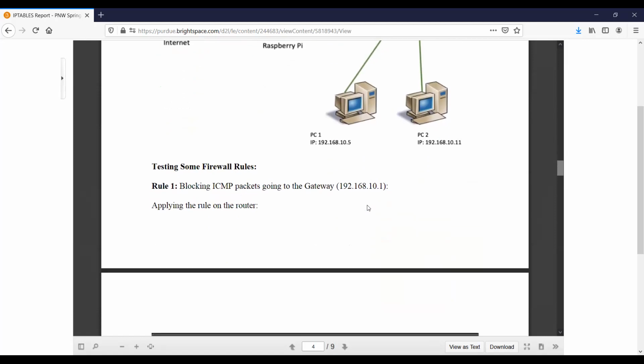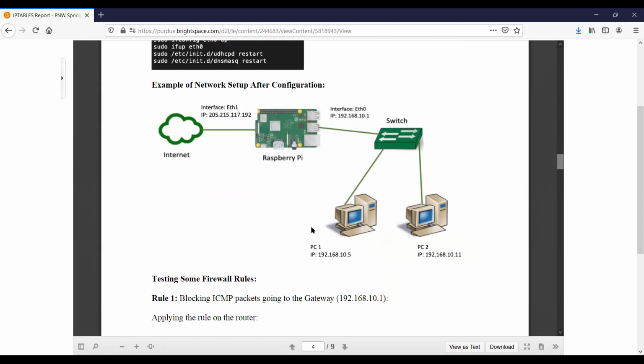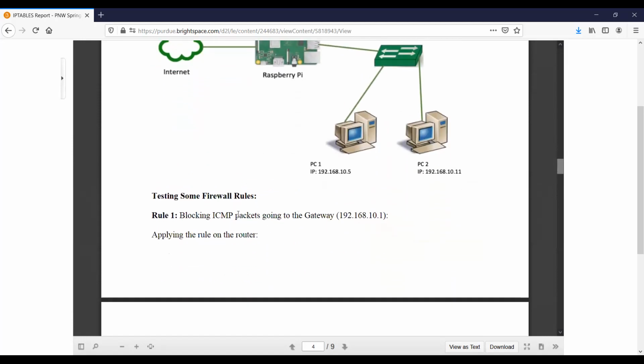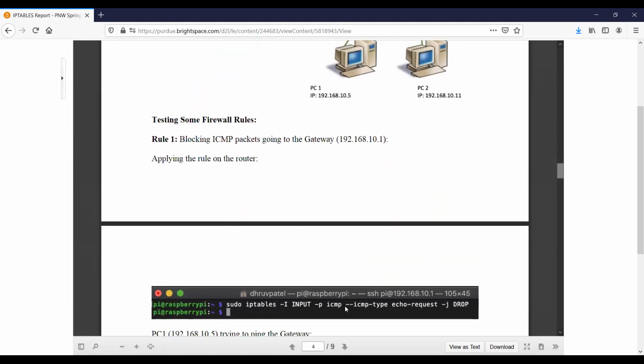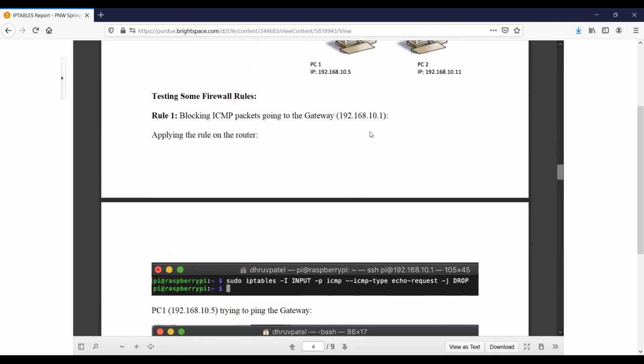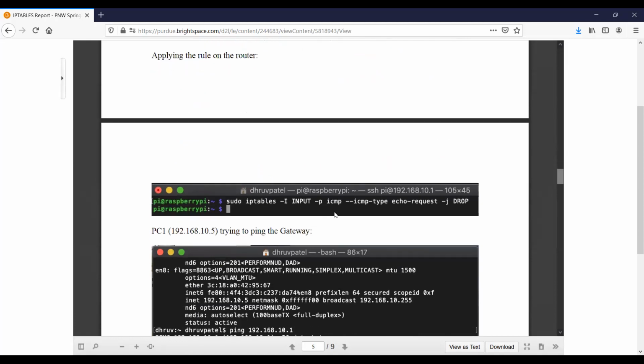What's important about this document is, if you notice, the other one just ended in the diagram. Here, it actually provides some insight into testing it with IPTables rules. For instance, one of the rules that I've given you in the assignment is to block ICMP packets going to the gateway, let's say. So here's the rule, and that's what I'll talk about today during the lecture.